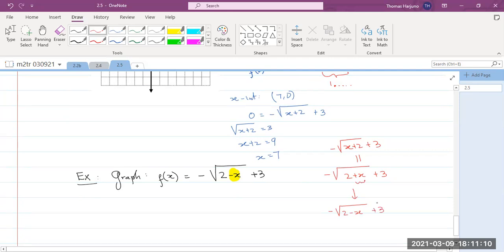But replacing x by negative x, that's reflection with respect to the y-axis. Okay, that's reflection with respect to the y-axis.